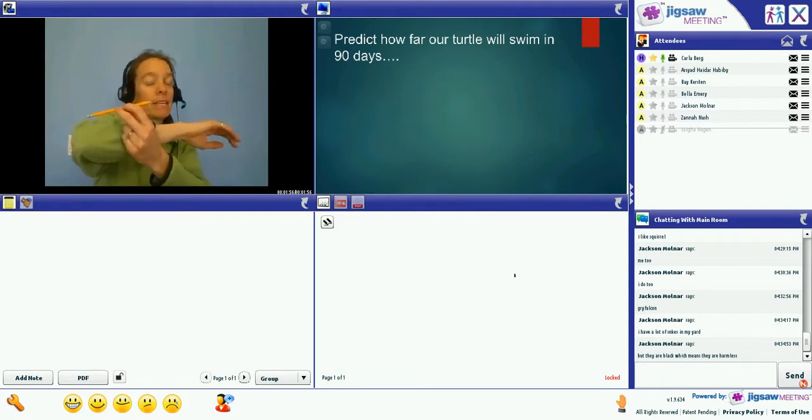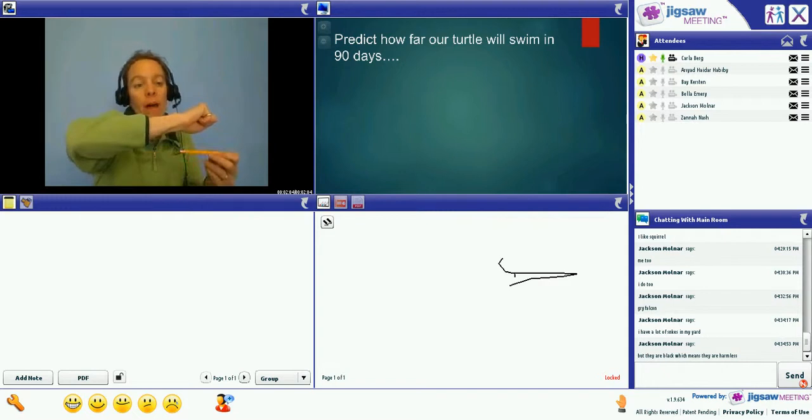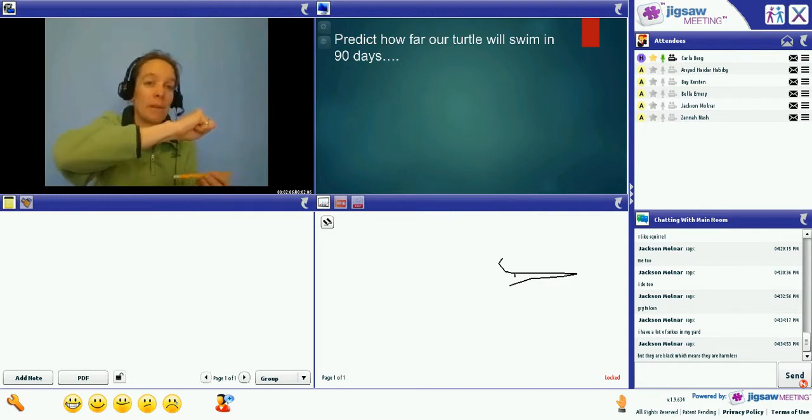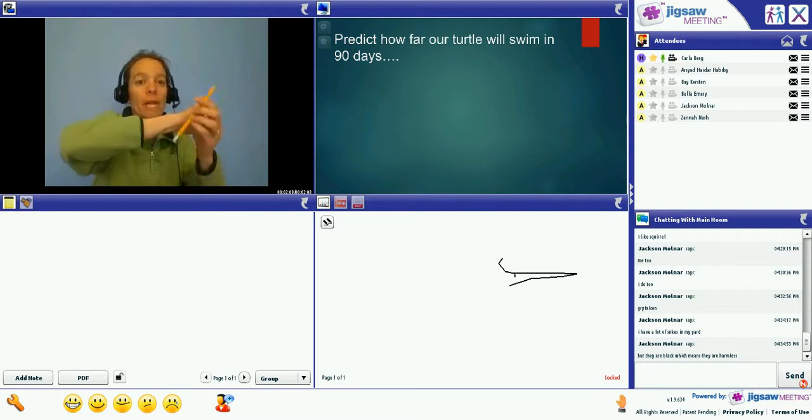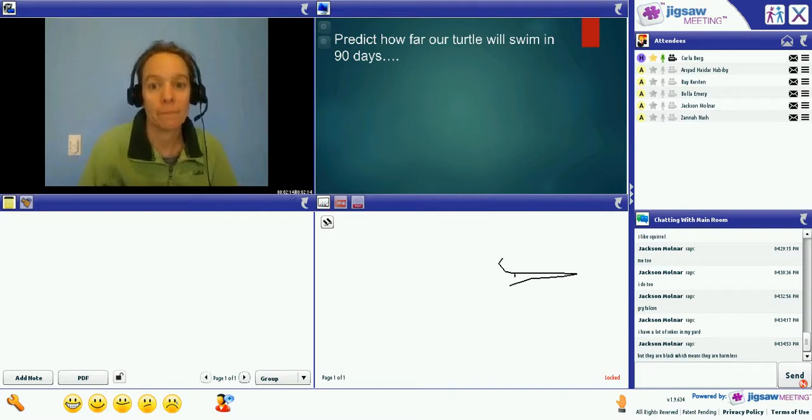That satellite up in space sends a signal to a computer, and we know exactly where this turtle is. Then he goes back down, and he might stay under the water for another 20, 30 minutes. But then when he comes up, when his back breaks the surface, it sends another signal to the same satellite.